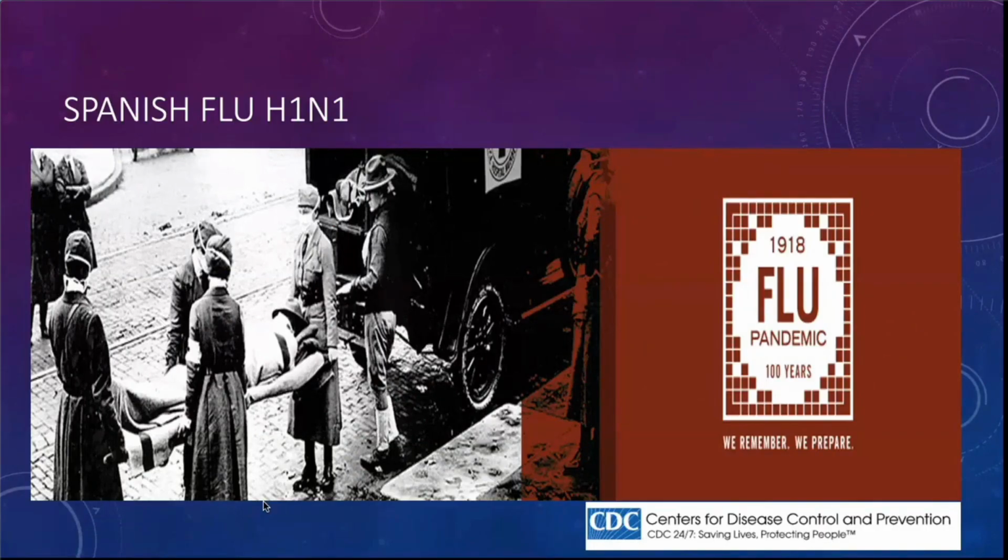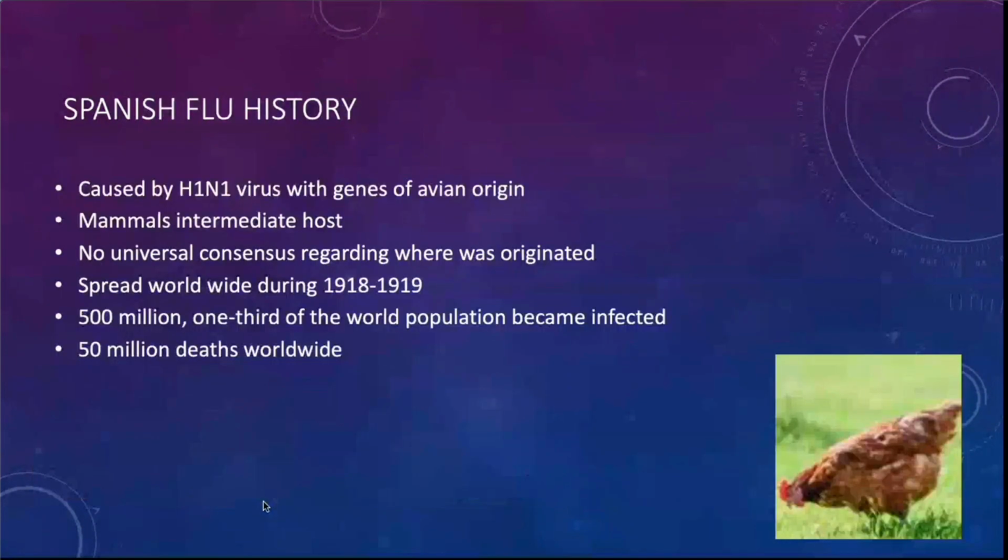So a little bit about history. The Spanish flu, H1N1, from 1918, was caused by influenza virus type H1N1. The genes were discovered to come from avian origin.